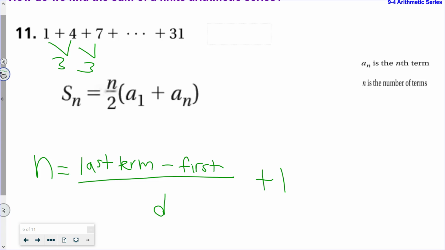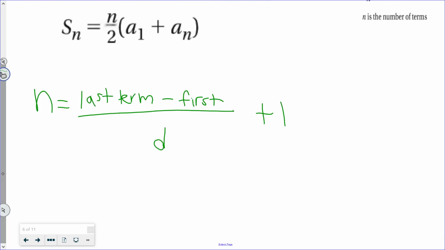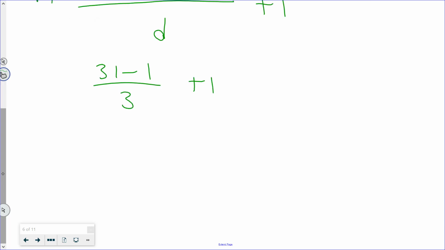So the next number would be 10 plus 3, but we're not going to do that to get to 31. We're just going to use this formula to figure out how many terms there are. So 31 minus 1 over the common difference, which is 3, plus 1. 31 minus 1 is 30 over 3 plus 1. 30 over 3 is 10 plus 1, which is 11.